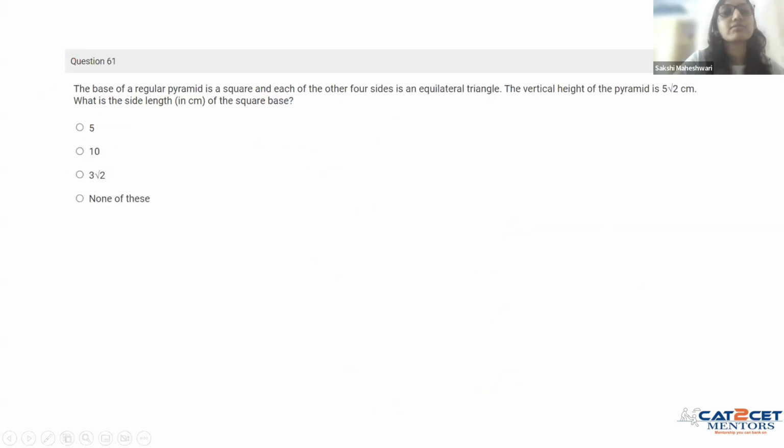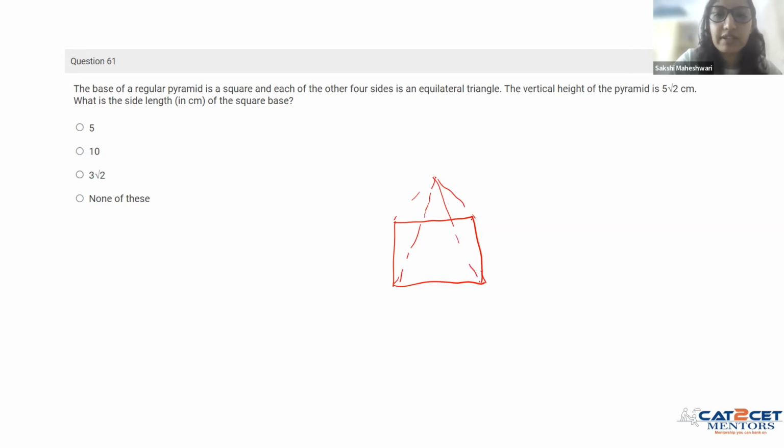Okay, so let's move on. The base of a regular pyramid is a square, and each of the four sides is an equilateral triangle. I'll suggest you do this question in the third round if you are not very clear about how to imagine this pyramid.